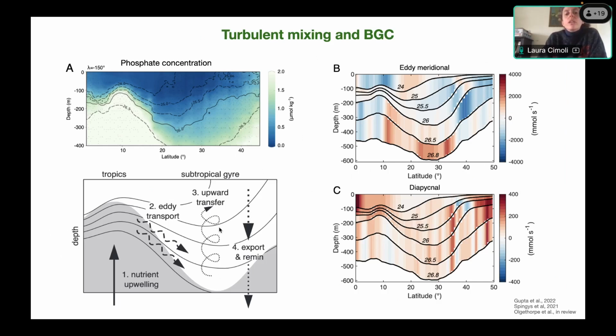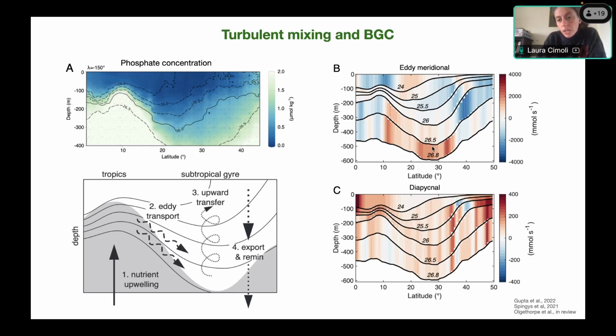And so the question is how much nutrient makes its way to the euphotic zone. The plots here are taken from Gupta et al. 2022, but there have been more recent papers coming out on this topic, and the answer is that you need a combination of eddy isopycnal transport and diapycnal mixing.